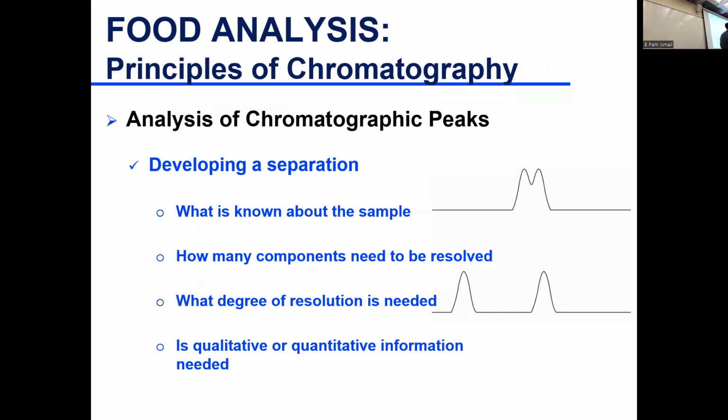Here in chromatography, whether it's GC or HPLC, I'm going to talk a little bit about GC. You want things to separate. I define chromatography as separation. We want things to separate so that we can identify them: first detect, then identify, and perhaps quantitate.